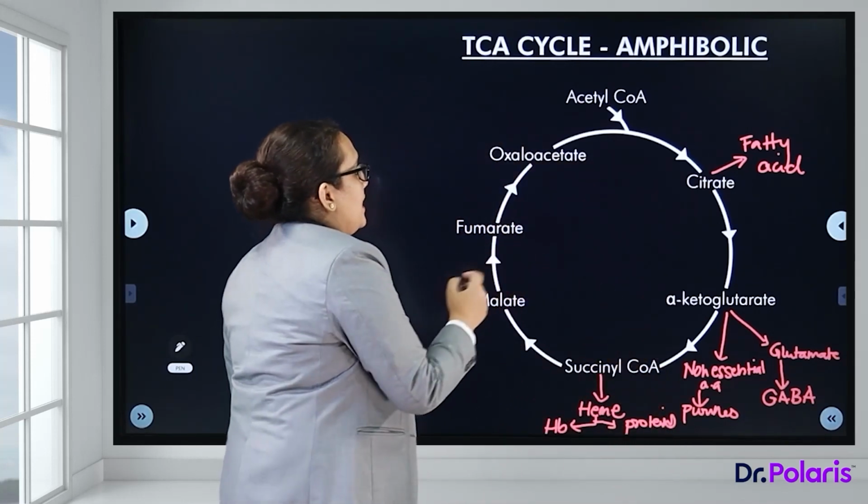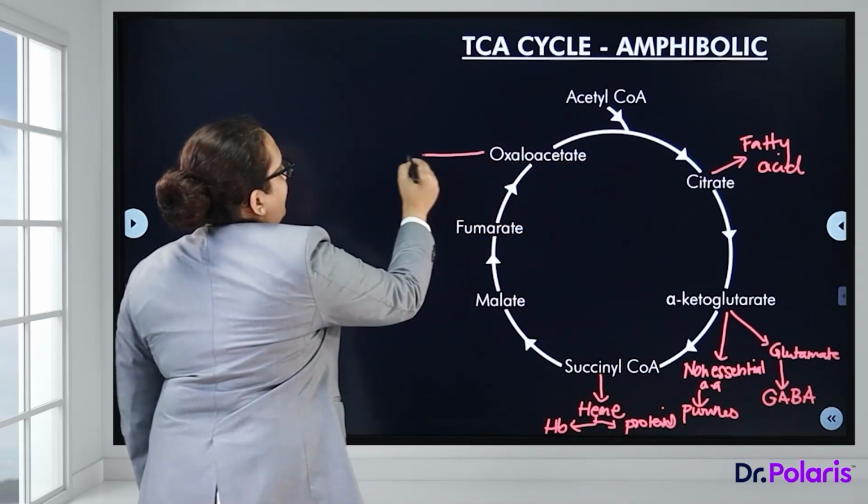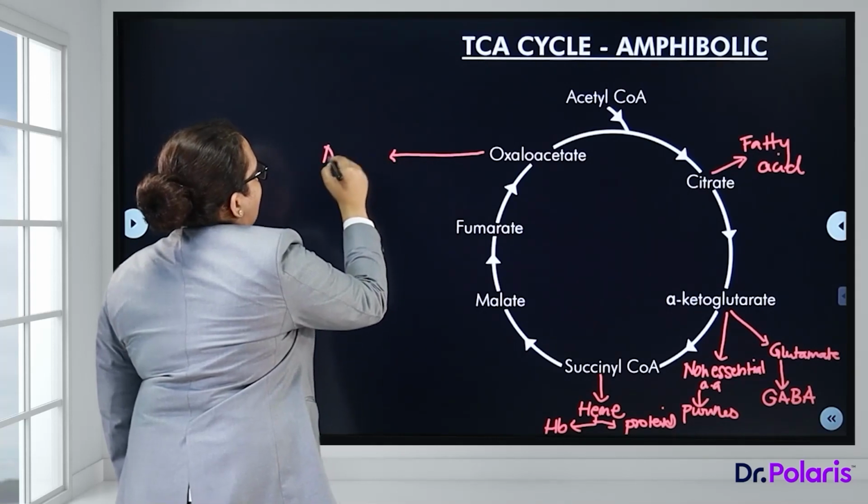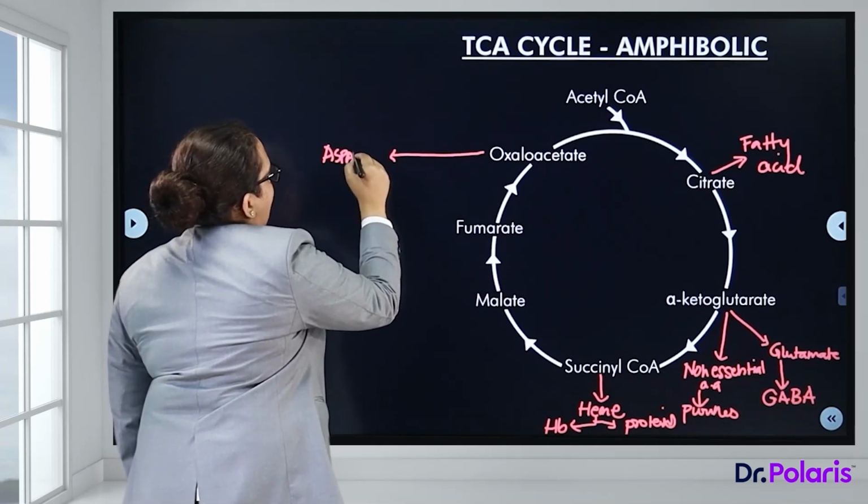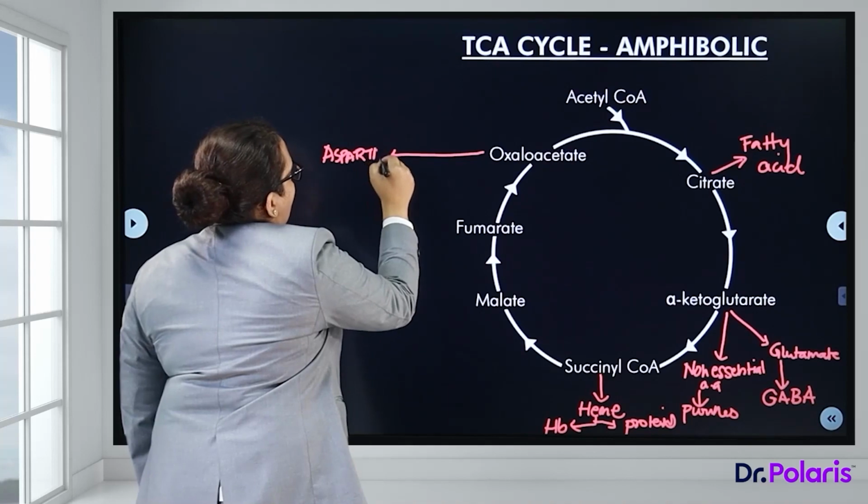Then you have oxaloacetate, which can form aspartate. Aspartate is an acidic amino acid.